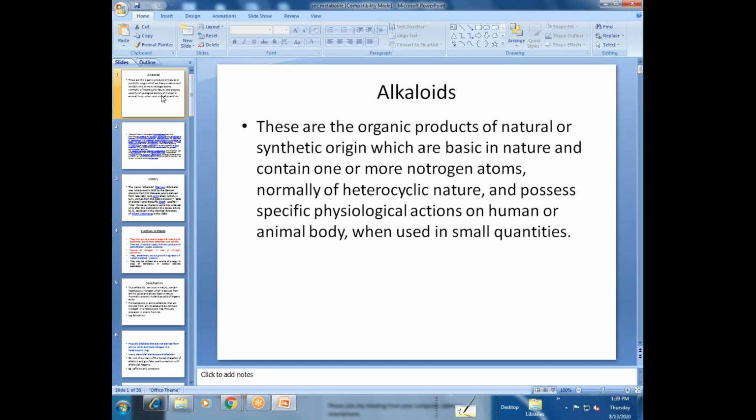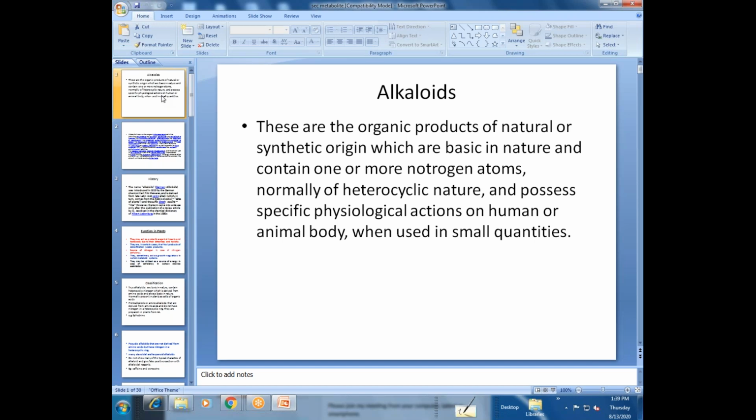I think you know what potent medicaments are, right? If you use it in a smaller quantity, it acts as a medicine. If you use it in a higher concentration, it acts as a poison. Alkaloids are the same way.